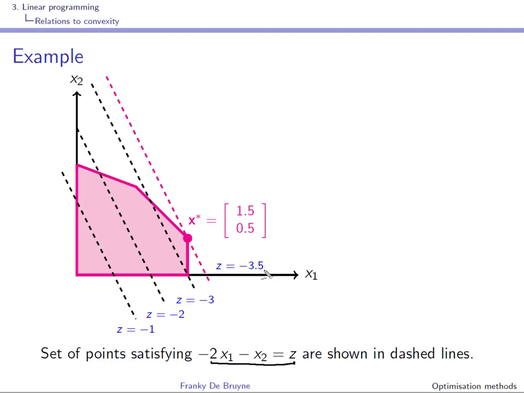The minimal cost is minus 3.5 and the optimal solution is this one, and indeed it is an extreme point of the feasible set, which in this case is a convex polygon again.